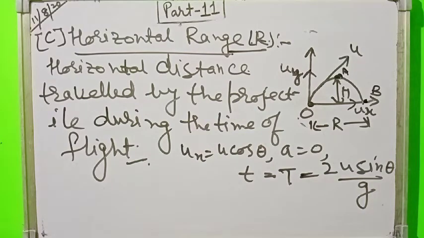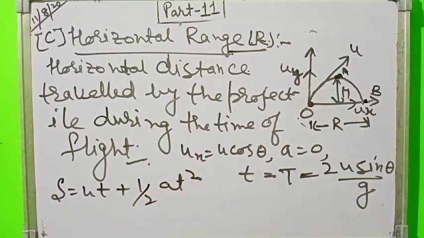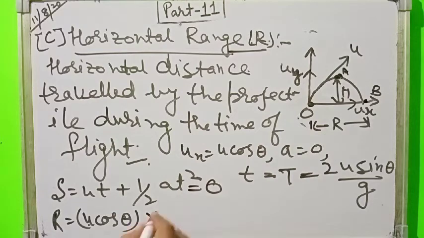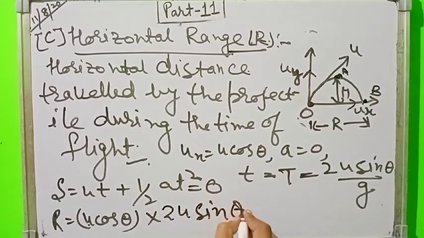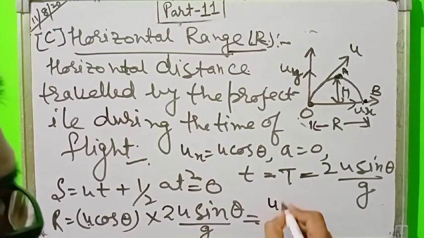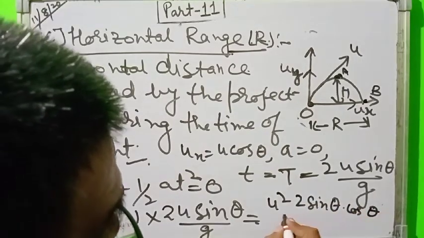So using all this in the second equation, s is equal to ut plus half at square, it will become R is equal to u cos theta into, this term becomes 0 because acceleration is 0, and t is equal to 2u sin theta upon g, and it will become u square 2 sin theta cos theta upon g.